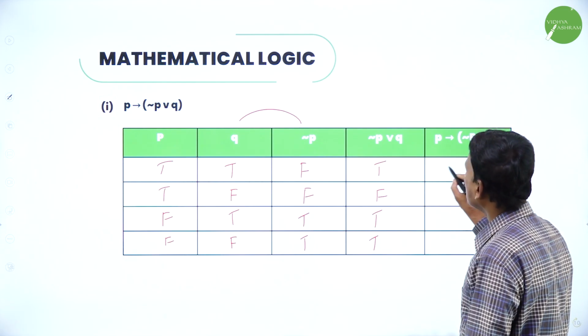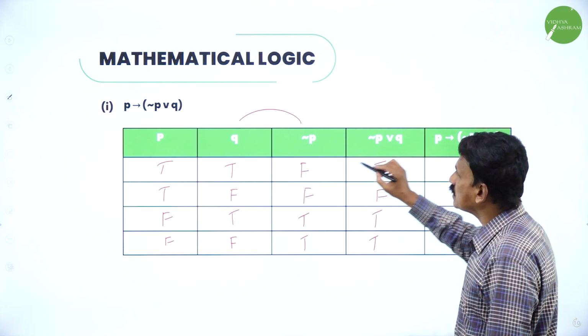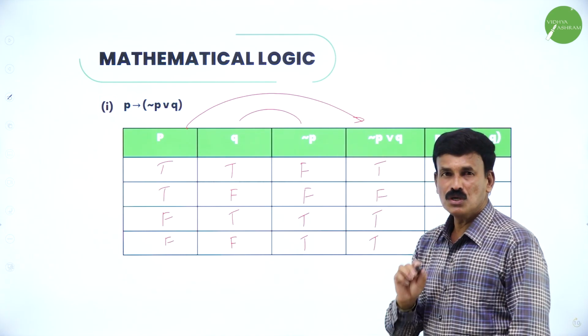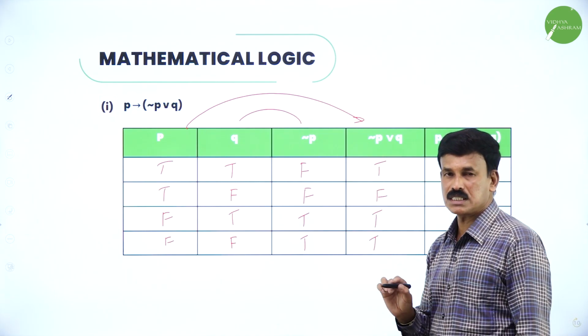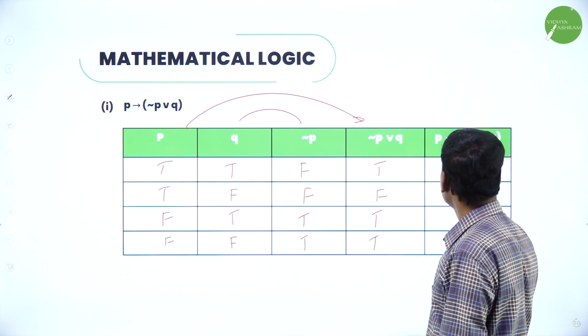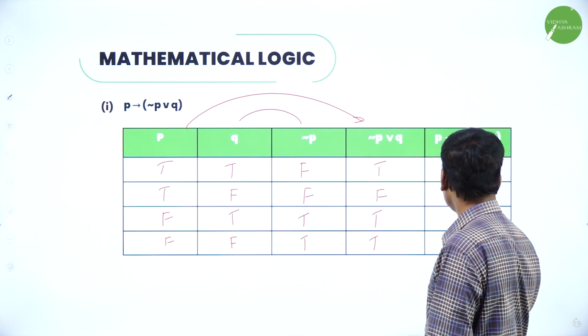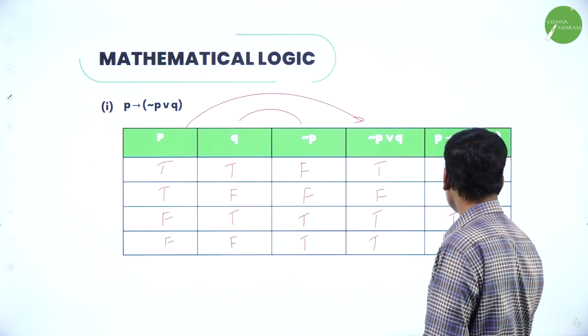Now, write out the conditional statement for P and this. Conditional means true and false is false, and in all other cases it is true. So, true and true is true. Again, true and false is false. Again, false and true is true. And again, false and true is also true.